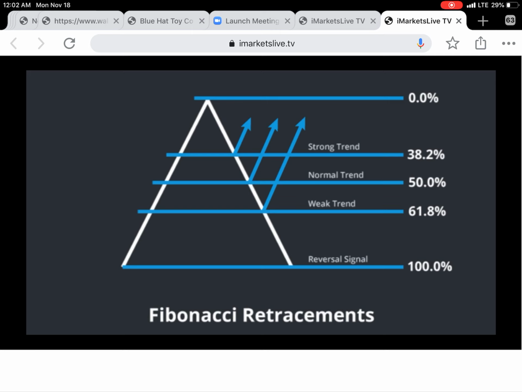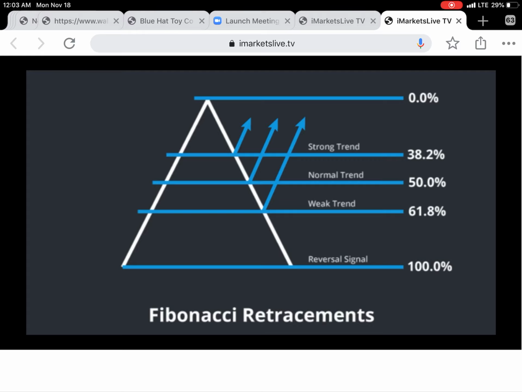Someone said they're confused, it's okay. Notice the first arrow around the 38.2. That's a shallow retracement. Around the 23.6 to 38.2, it's a shallow retracement, and it's telling us that it's a strong trend.